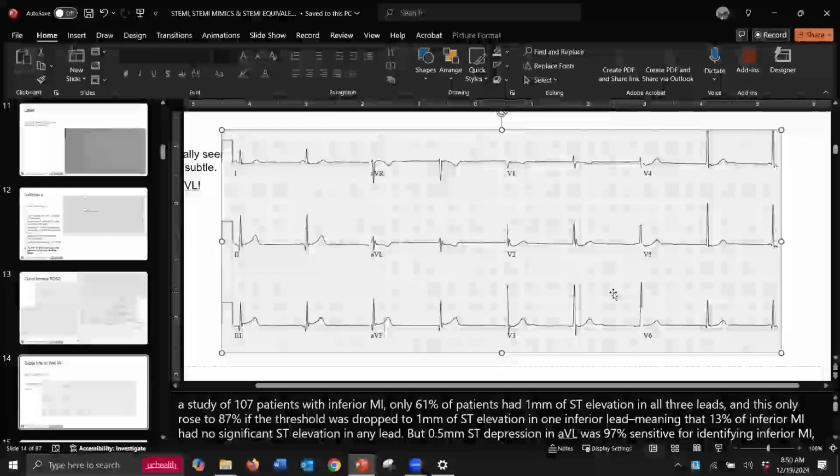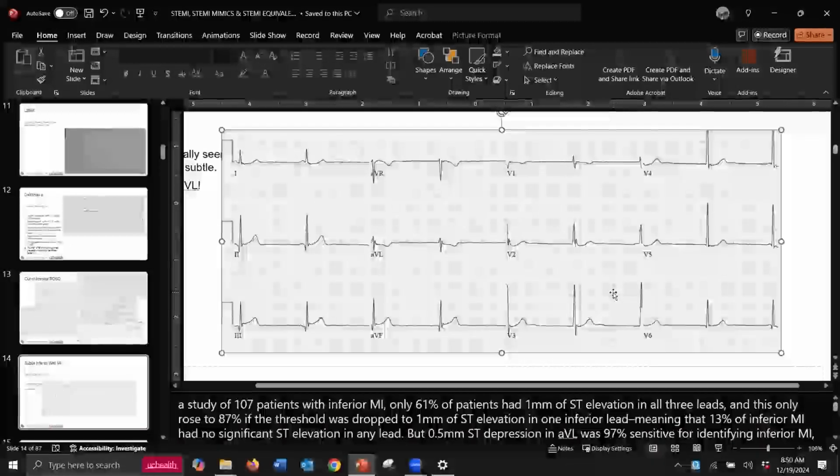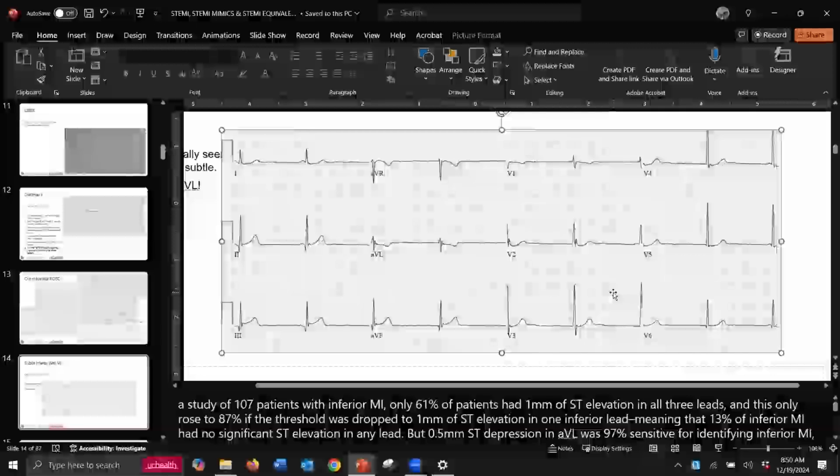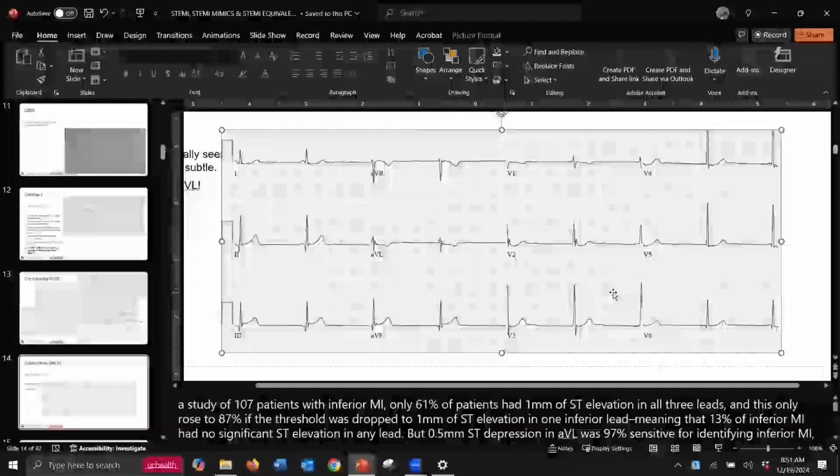No. I wish it would be about 6 beats faster so we could see the next complex, because it had a P wave. I do see a P wave in lead 2. I see a P wave in lead 1. I do see that the PR interval is maybe a little short without the presence of a delta wave. So that's not WPW. Okay.